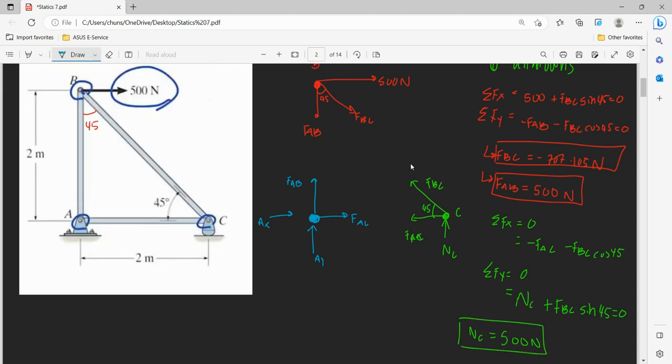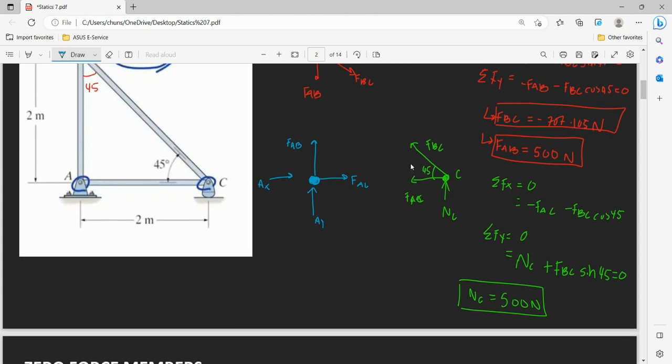And we can use our, at pin A now, we develop our two equations. It's equal to, so we have AX plus FAC, and then we have AY plus FAB. So then AX is equal to, oh yeah, we still need to find FAC over here. Sorry.